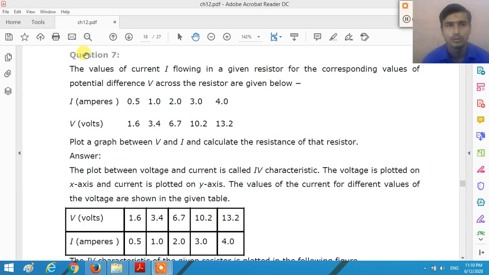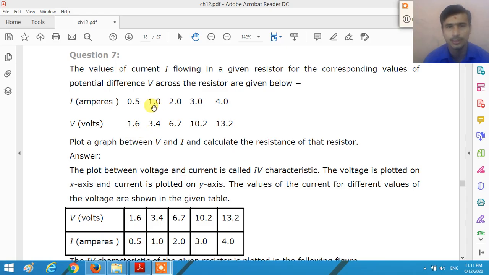Now question number 7. The values of current I flowing in a given resistor for corresponding values of the potential difference V across the resistor are given in a table. The current is 0.5 when the potential difference is 1.6.